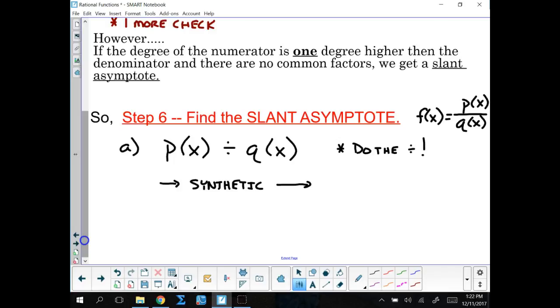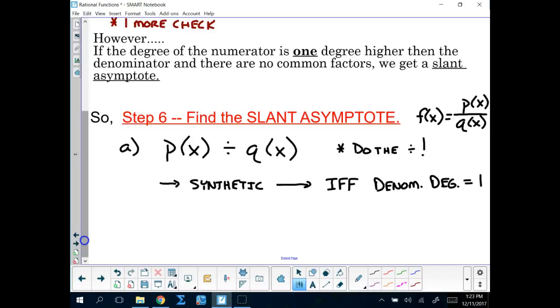When does it not work? It only works if and only if the denominator's degree is equal to 1. So if I had x cubed over x squared, I couldn't use synthetic division.